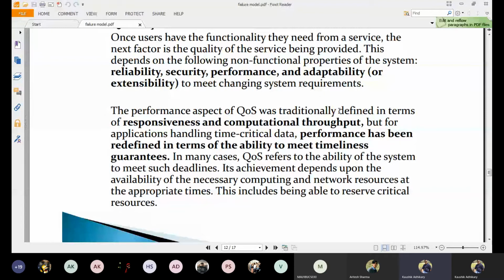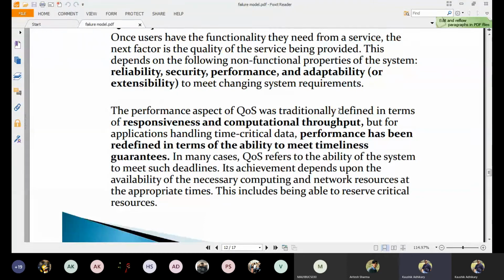If we are getting a fast response, it means we are getting a good service. In many cases, QoS refers to the ability of the system to meet such deadlines. Its achievement depends upon the availability of the necessary computing and network resources at the appropriate times.